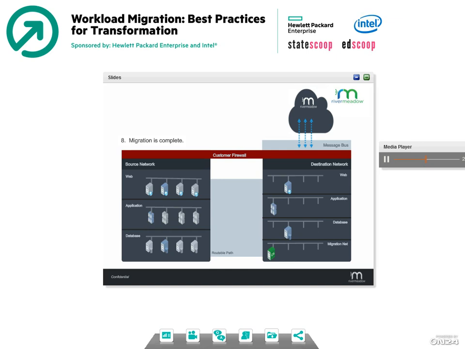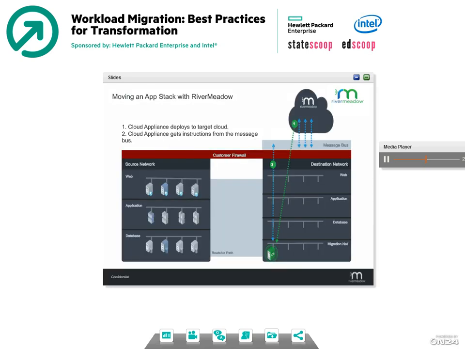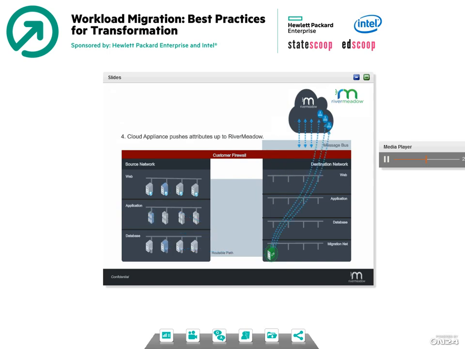So a good way to look at our architecture is that you have a one-to-one relationship between a given source and a given target worker. You have a many-to-one relationship between sources and the cloud appliance. And once the migration is complete, the cloud appliance can basically be decommissioned and you have a live copy of the environment running in the target environment.